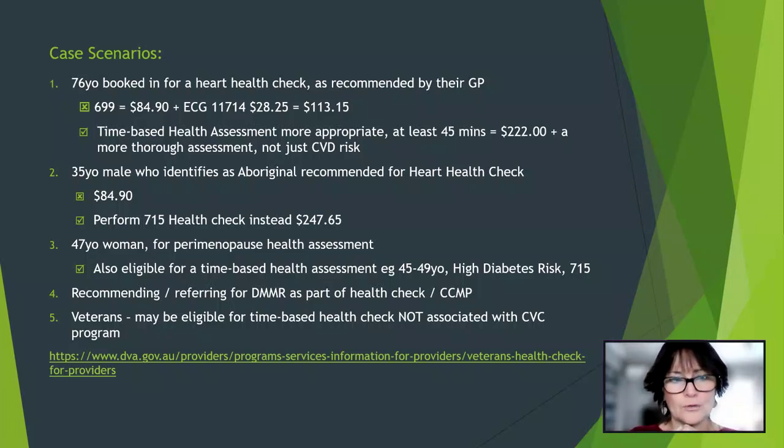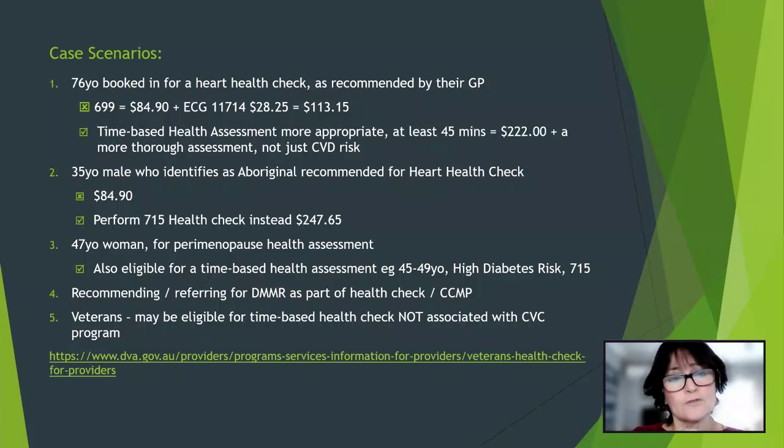Now, we know we can go and check the descriptor and we can see that it's going to be worth $84.90. Now, all of these are flat amounts. This is not taking into account any bulk billing allowances that go on top of that, or percentages based on regions like rural and remote or anything like that. This is just the flat amount.